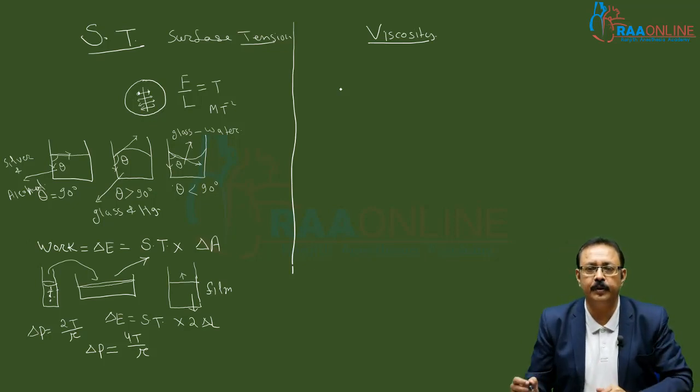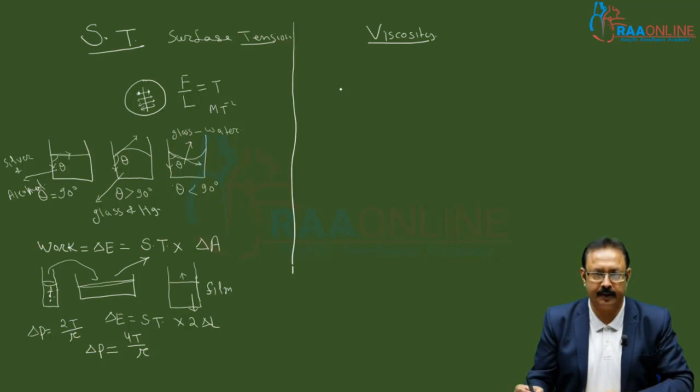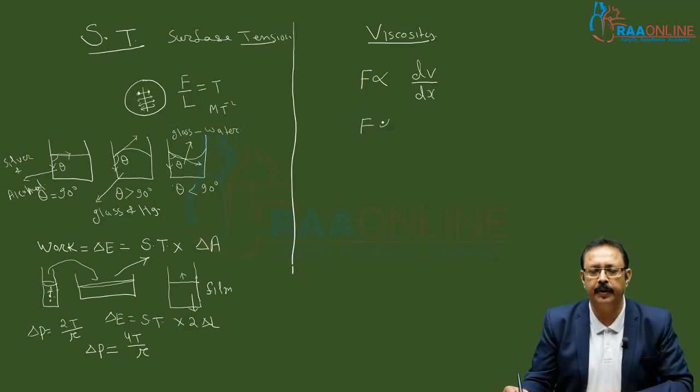This resistive force is known as viscous force, and it is directly proportional to velocity gradient, meaning change in velocity per unit distance. It is directly proportional to area in contact. If you remove this proportionality, you will get one constant, which is known as the coefficient of viscosity.